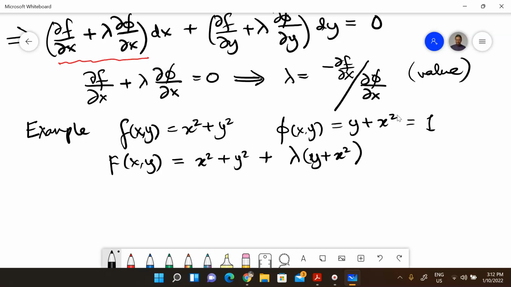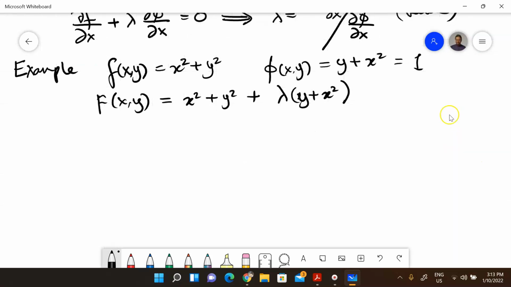So you don't put the constant in. And then you extremize this function. So again, is to extremize this.